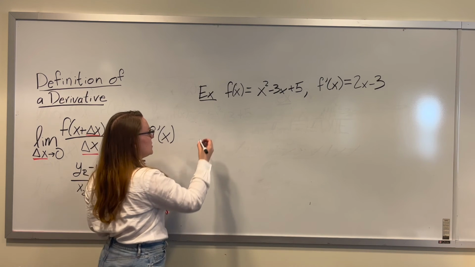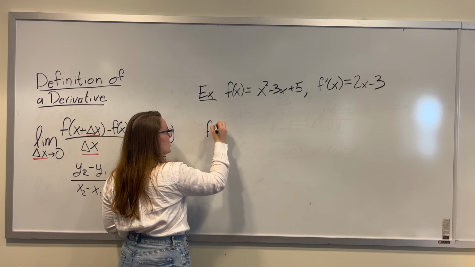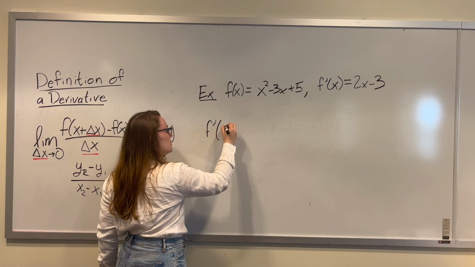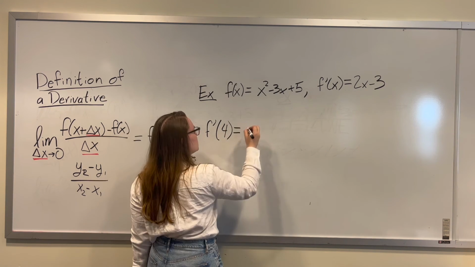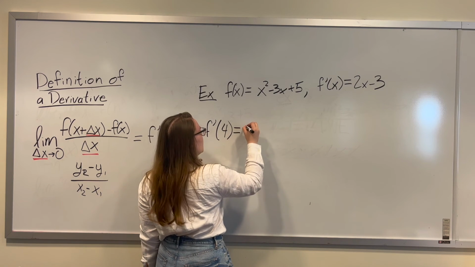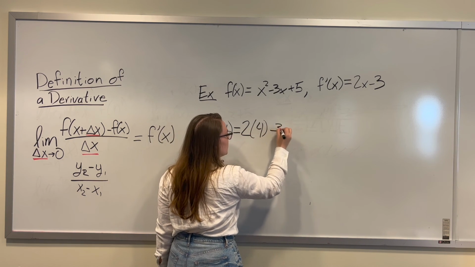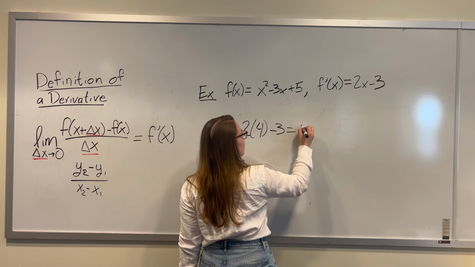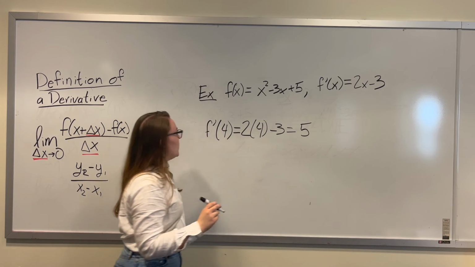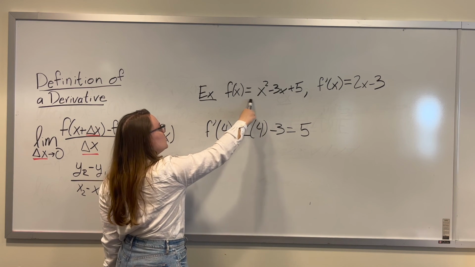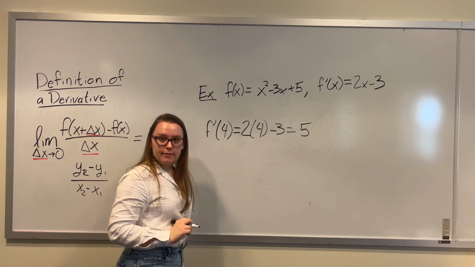So say we wanted to find the slope at the point x equals 4. All we do is plug in 4 for x, and we get 2 times 4 minus 3, which is 5. And that is our slope. When x is equal to 4, this equation has a slope of positive 5.